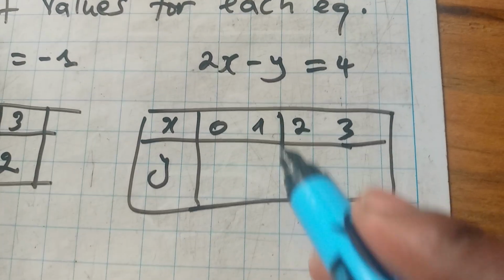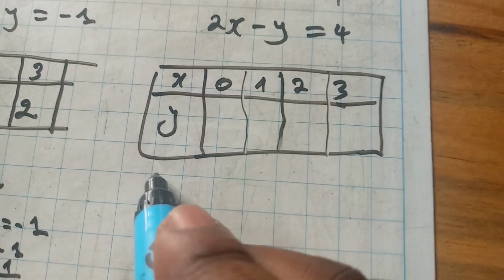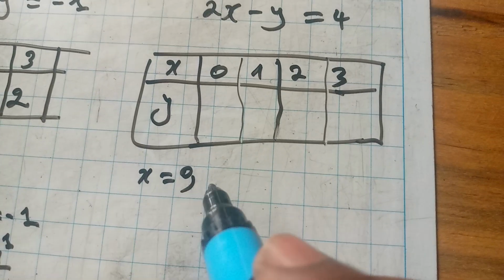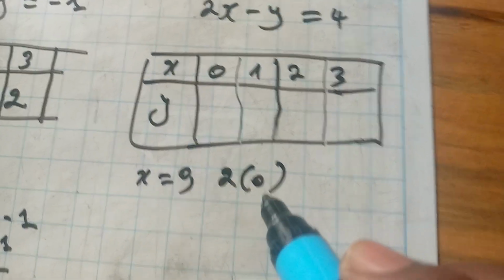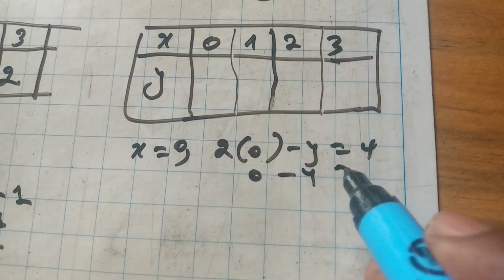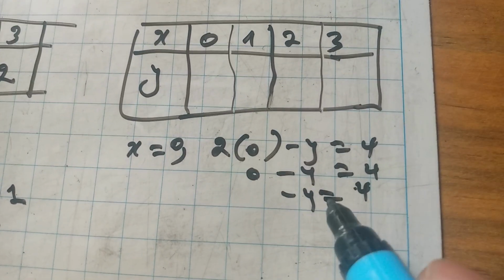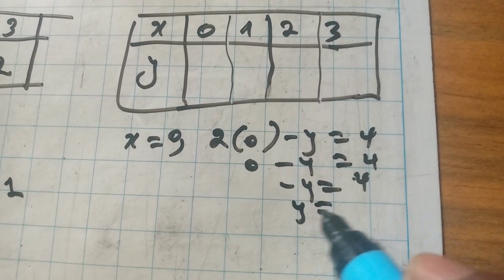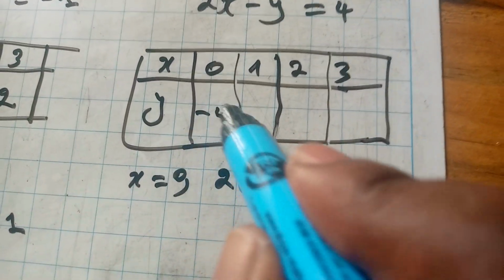No problem. We can find different values here. So for x equal to 0, we have 2 times 0 as x, then minus y, which is equal to 4. We have 0 minus y, which is equal to 4, have a negative y which is equal 4. So we divide by this negative. So my y will be negative 4. The answer here will be negative 4.